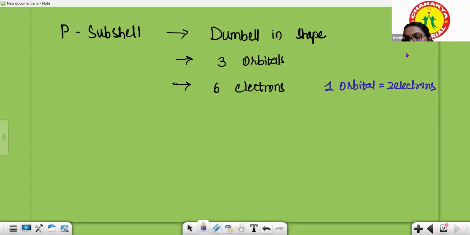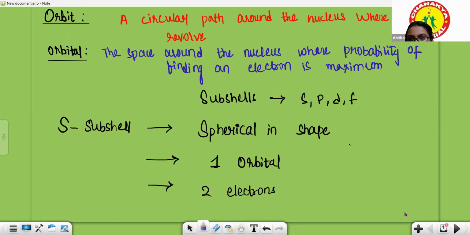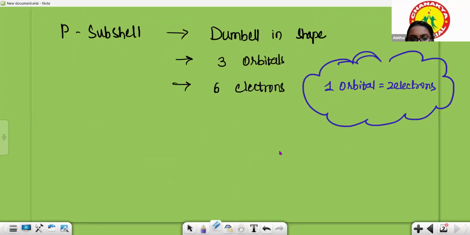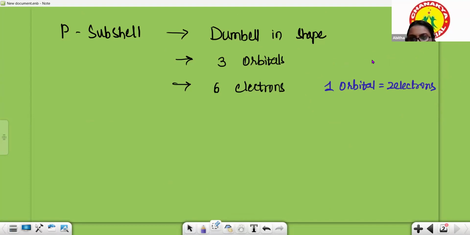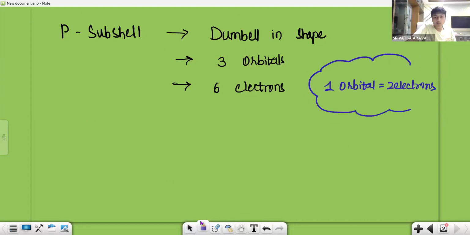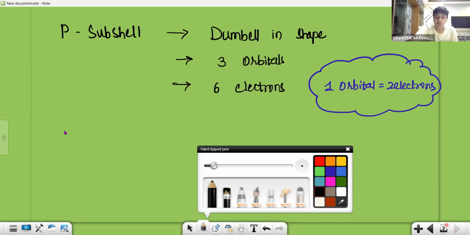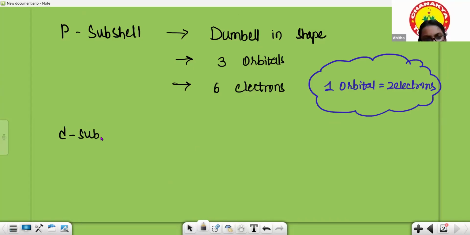What is the next subshell after S? The next subshell is the D subshell.